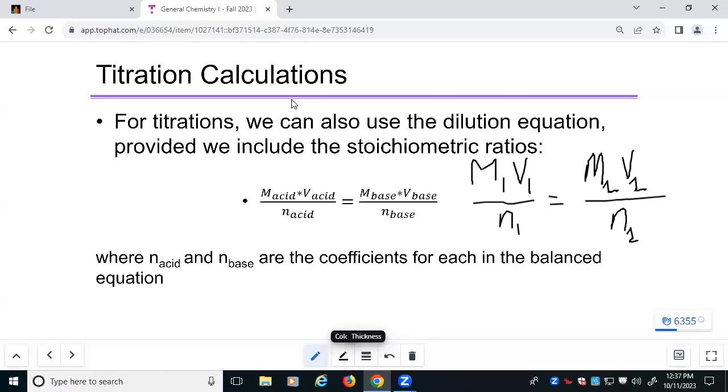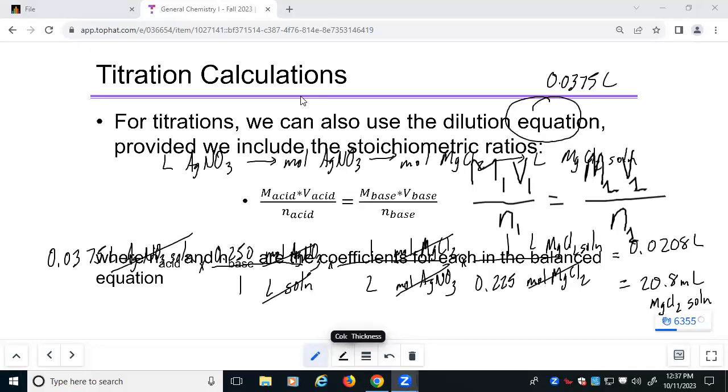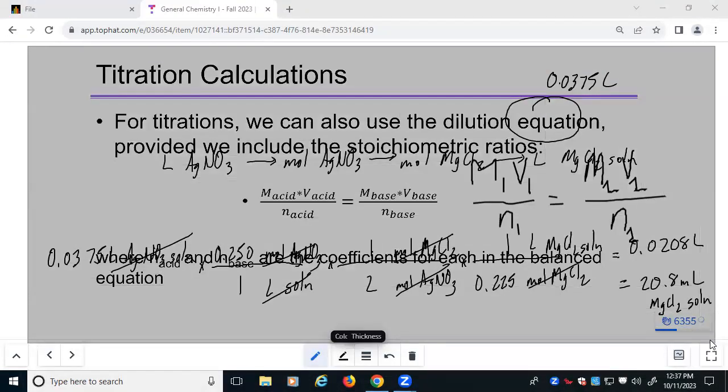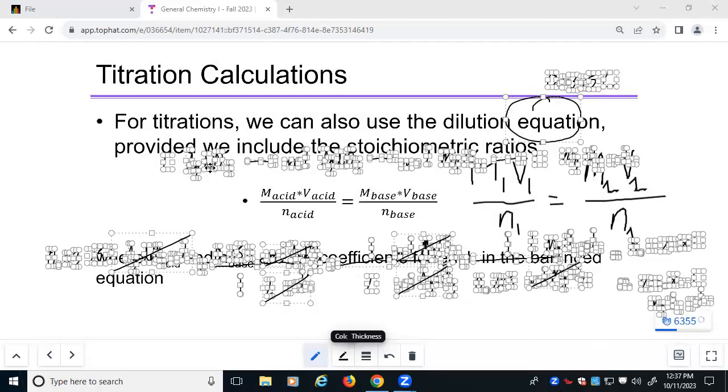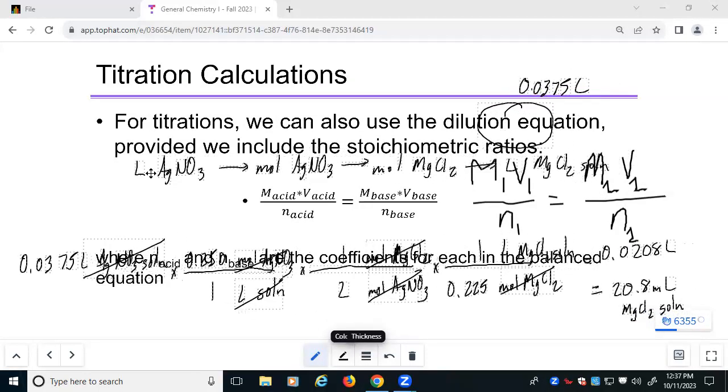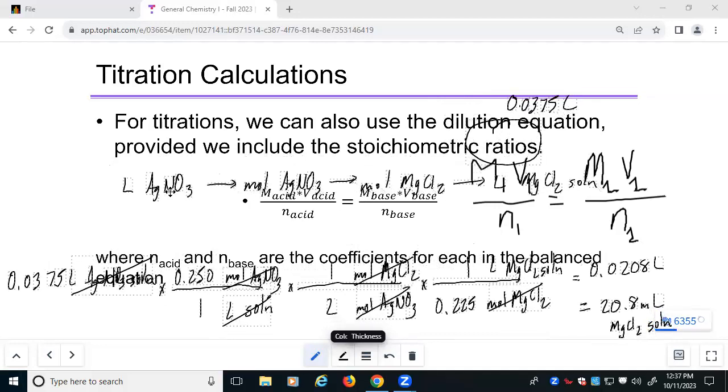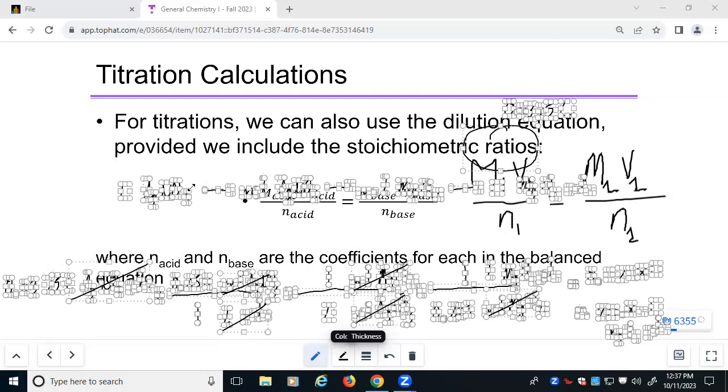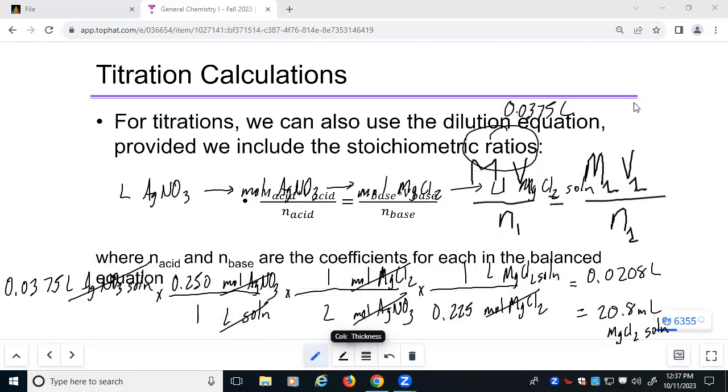And so what I want us to do is look very quickly in context here, and we have to move these around just slightly so that we can see everything. This was the calculation that we did here on the bottom to get to our answer of 20.8 milliliters.